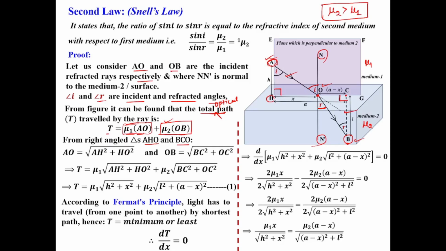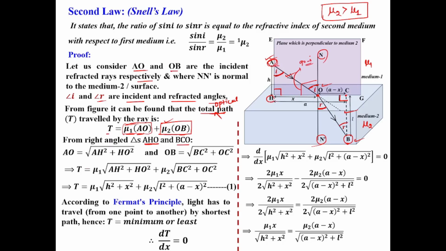If this angle is i, then obviously, as this is 90 degrees, this angle is 90 minus i, so obviously this angle will be i. Already we have discussed this. Likewise, this angle r means this angle also will be r. Now consider AHO.